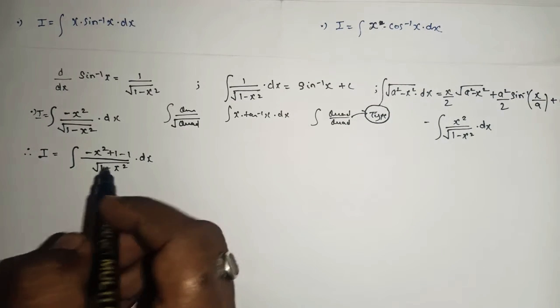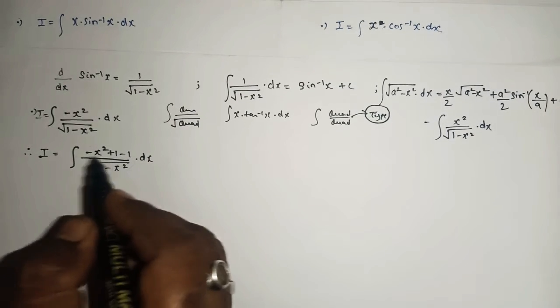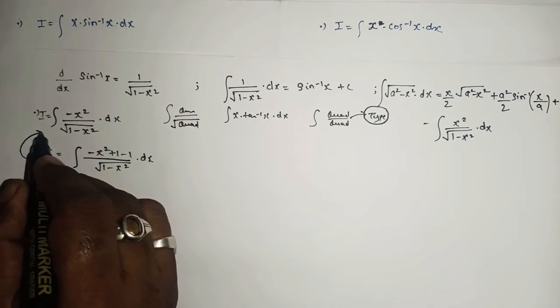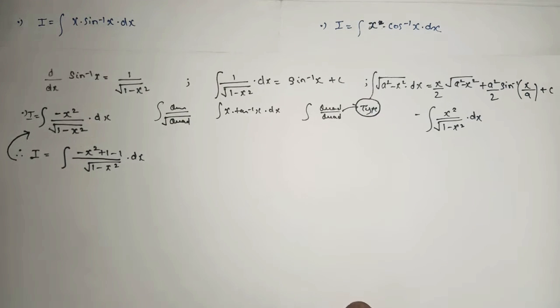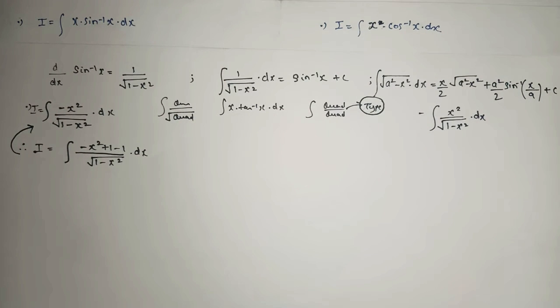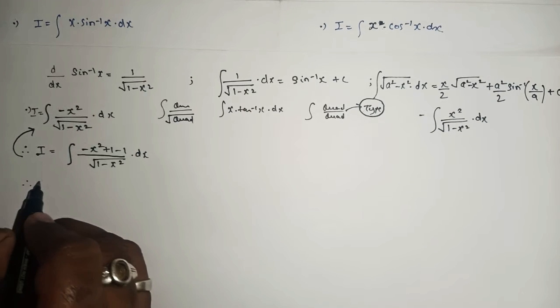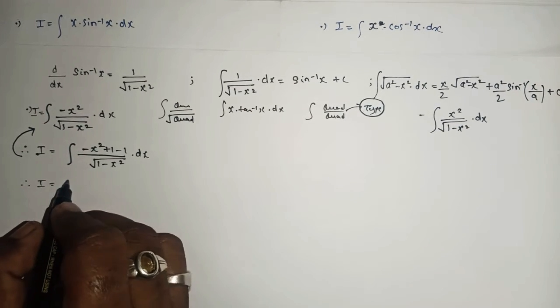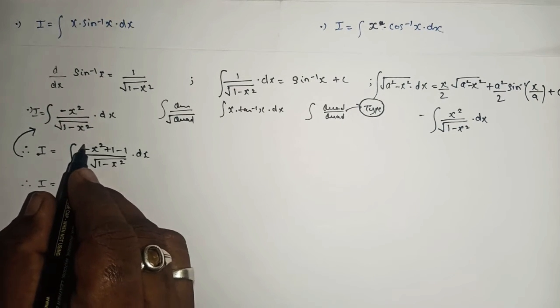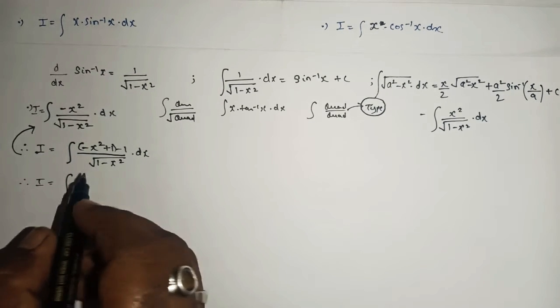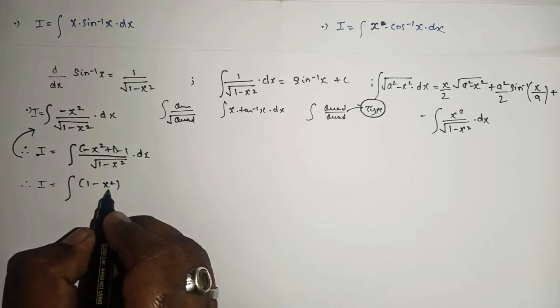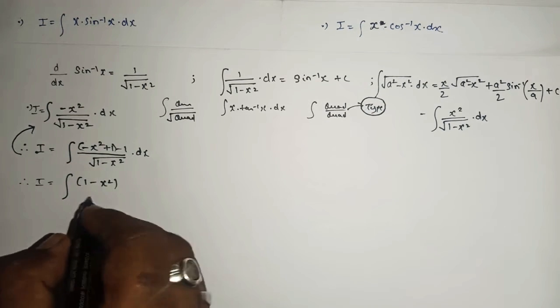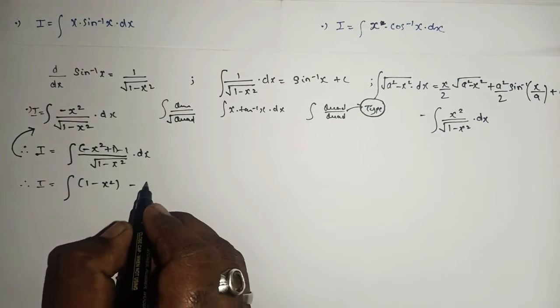Do the adjustment of the numerator in such a way that plus 1 minus 1 gets cancelled and you get the previous step. Now I equals, keep the first section in one bracket: 1 minus x square, minus x square plus 1, and the 1 separately, minus 1 separately.